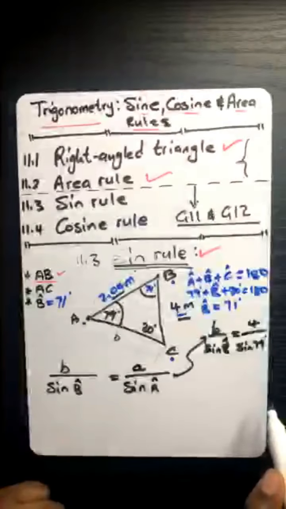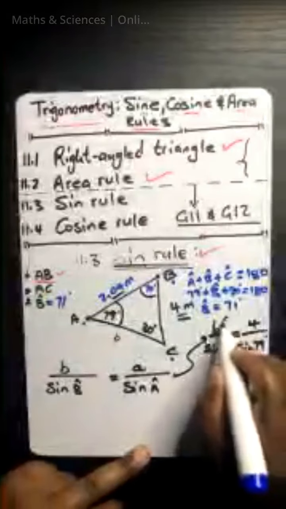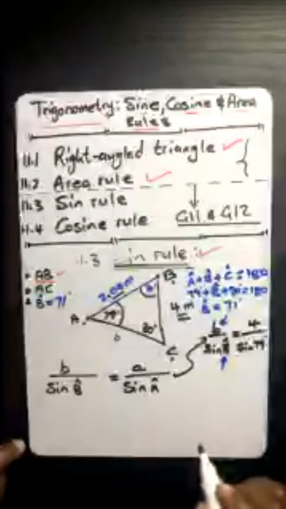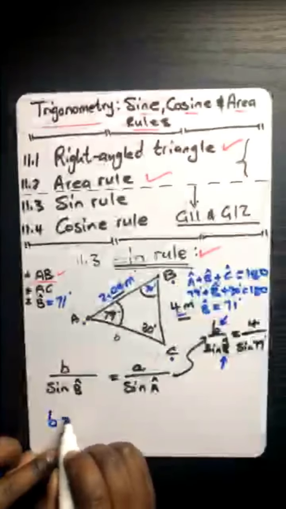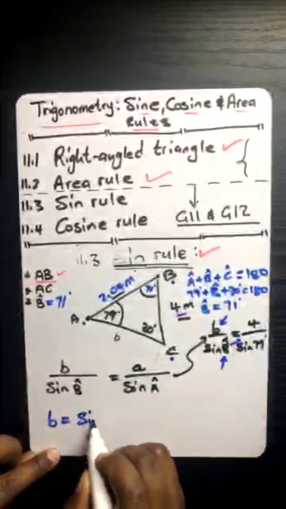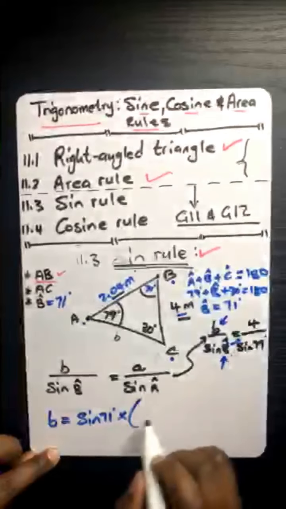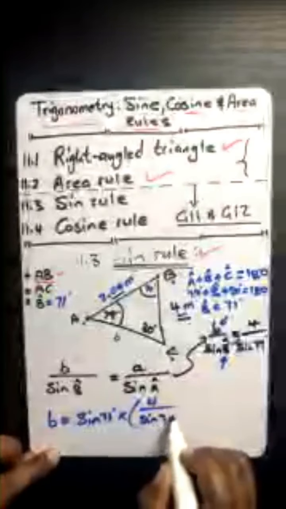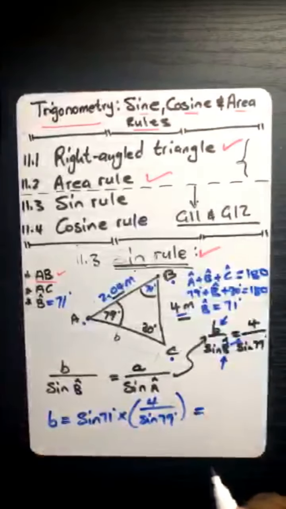So now let's continue. Can you now see we have that angle, which means we can easily calculate that side? B is going to be equals to, you just cross multiply. So you have sine of 71 multiplied by 4 over sine of 79. Therefore, what is that side?